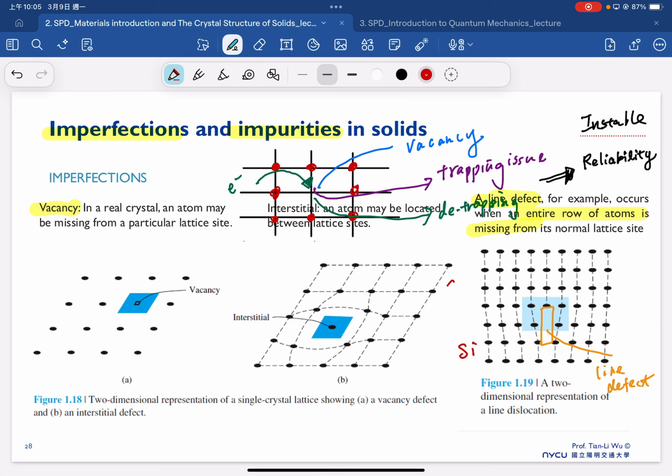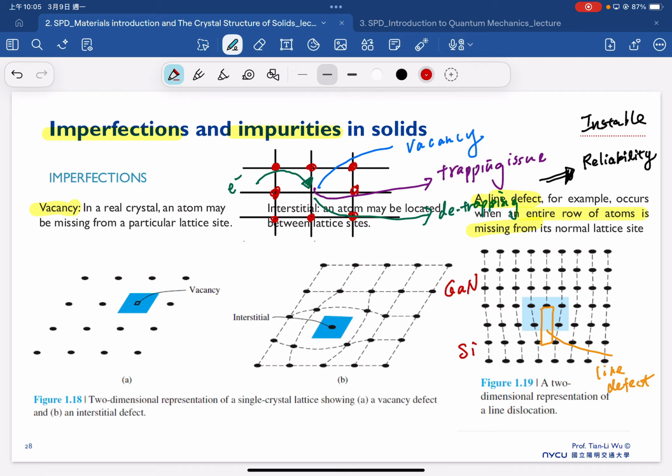If we try to grow gallium nitride on top of silicon, you can imagine there are so many differences from silicon. There's a band gap difference, there's an atomic lattice arrangement difference. There are so many aspects that differ between GaN and silicon.